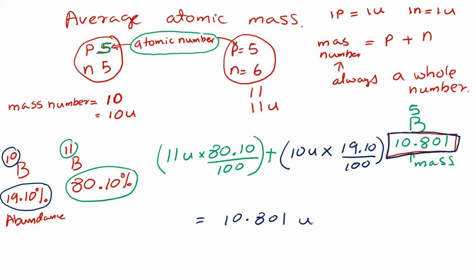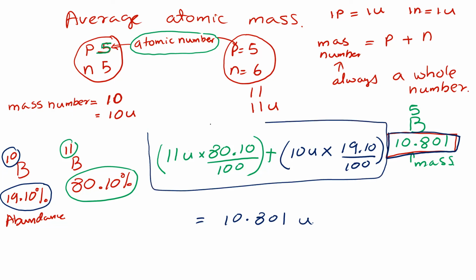So now you saw a very different way to find an average. When it comes to finding average atomic mass, we use a different method. Usually we add the two together and divide by 2. That is the usual way of finding an average.